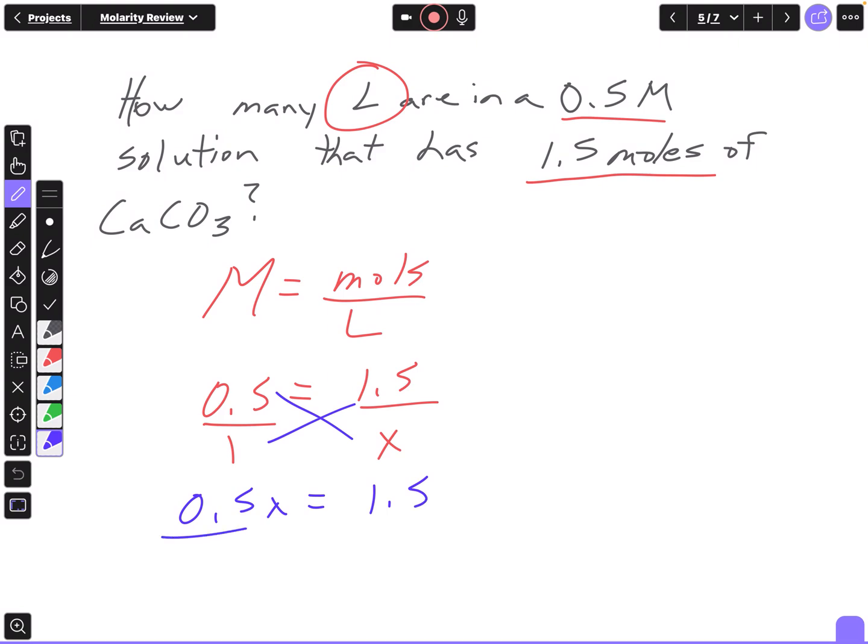Then I divide both sides by 0.5 to solve for X. So X is going to be equal to 1.5 divided by 0.5. So X would be equal to 3.0, and my units would be liters.